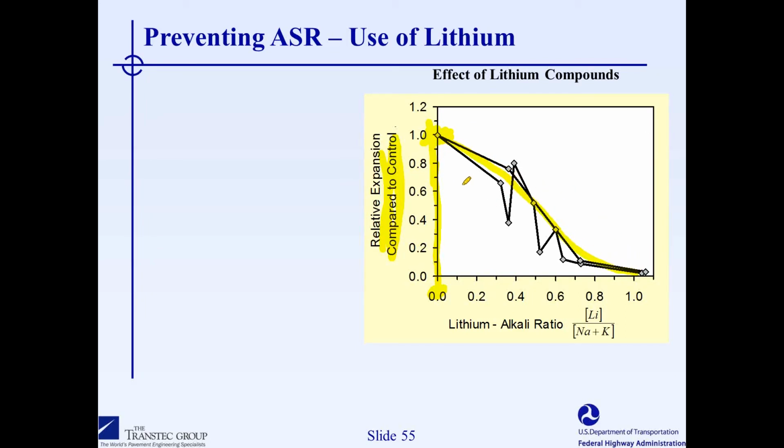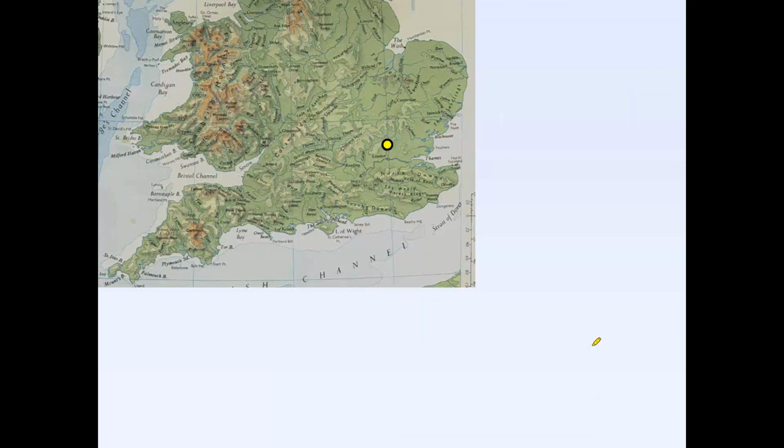But what McCoy and Caldwell found was it wasn't just the lithium content that determined the amount of expansion. It was the lithium content divided by the sodium and potassium content. So basically, the more sodium and potassium, the more alkali from the cement, the more lithium you needed to control expansion.